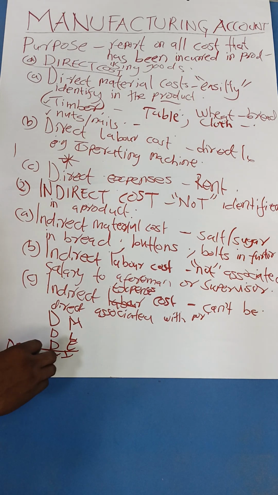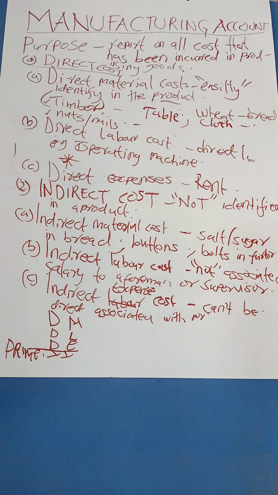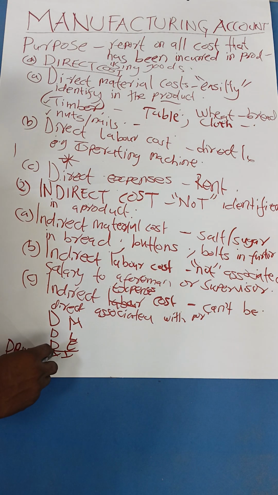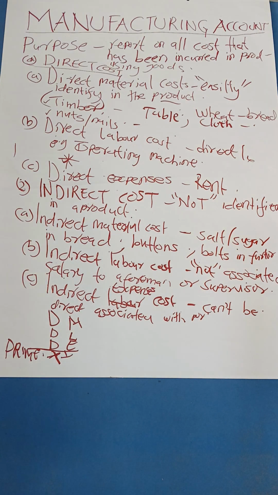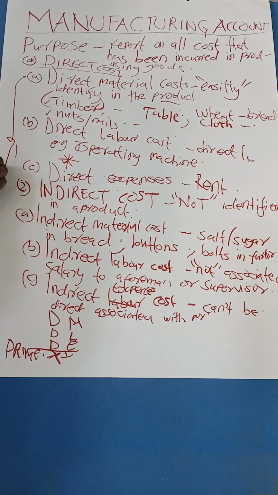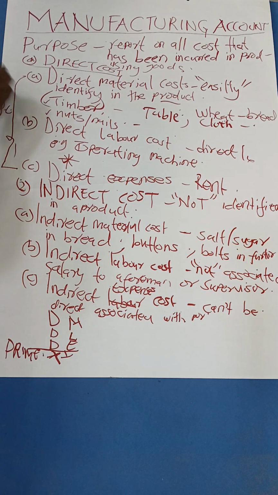If somebody asks you what prime cost is, you tell the person confidently, these are costs that are directly associated in a product. So when we add these three, we get prime cost.